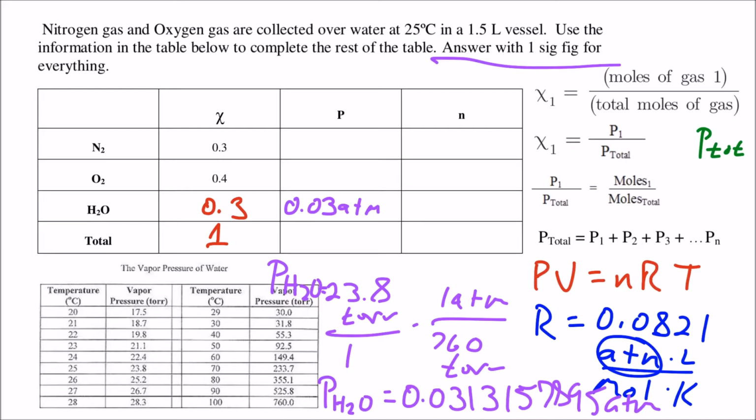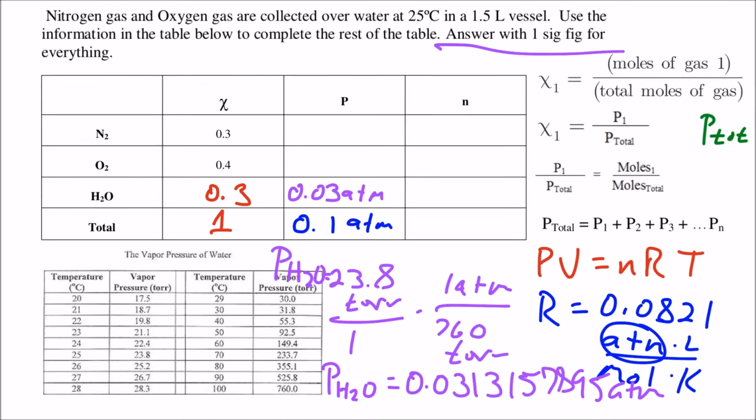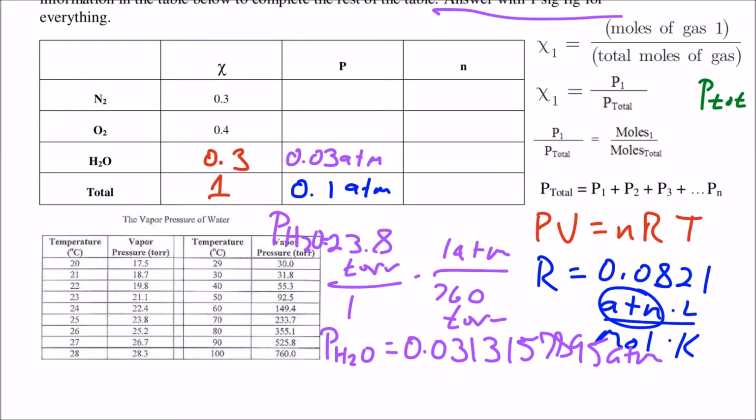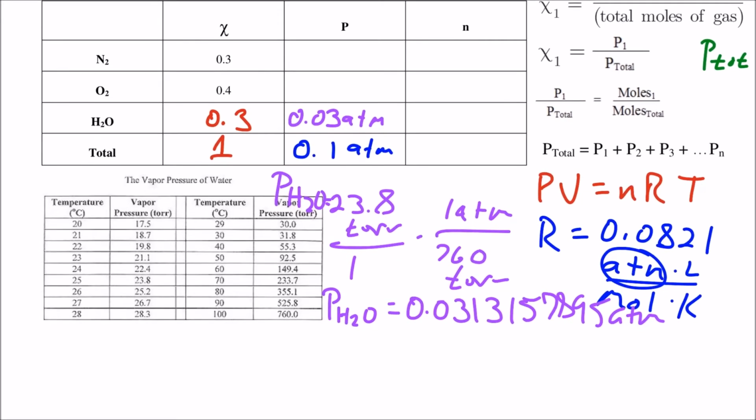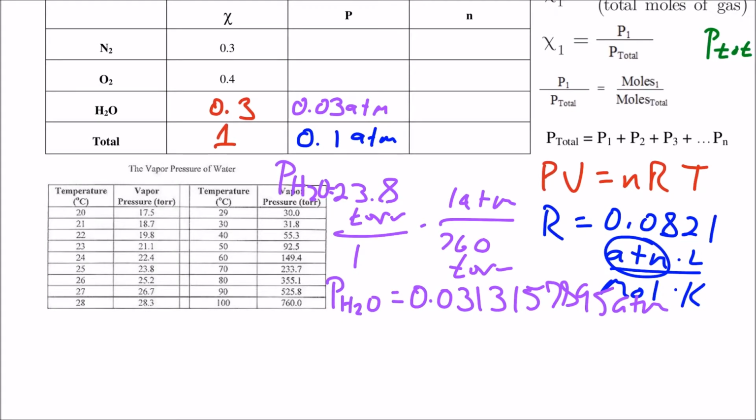So when we do that division, we end up with 0.1 atmospheres. Okay, that's of course with sig figs. We need to write down the entire answer, the big long number, so that we can use that for our other calculations. So let's do that.